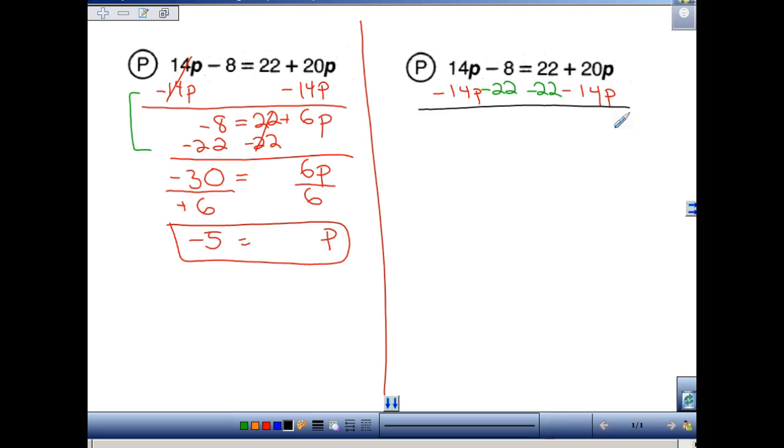And since variables and numbers don't interact with each other, you never add variables and numbers together, you can combine them. So we can say from the left to right, okay, that cancels out equals 0. This equals negative 30. Bring down the equals sign. That equals negative 22. And that equals 16. Done a lot quicker, right? So if you like this, you can use that as well to solve.